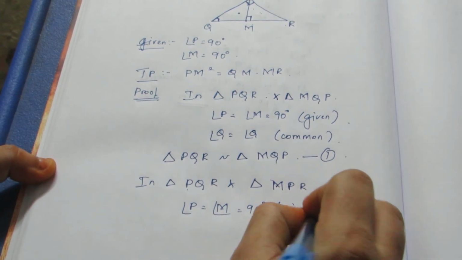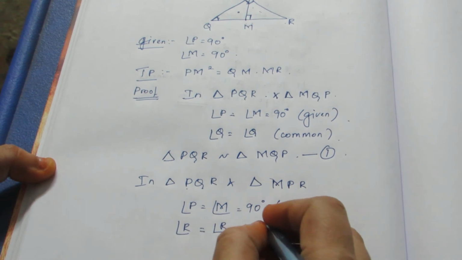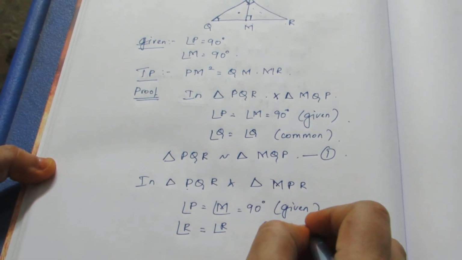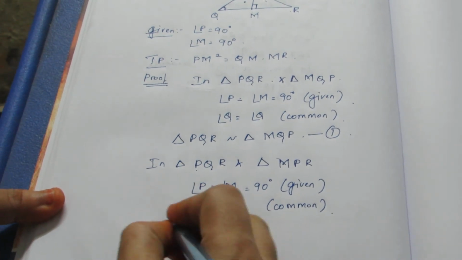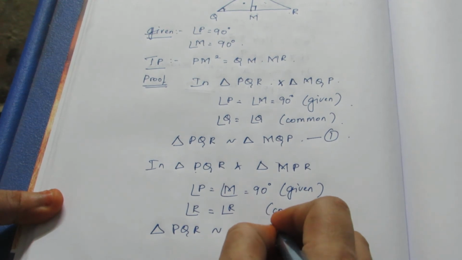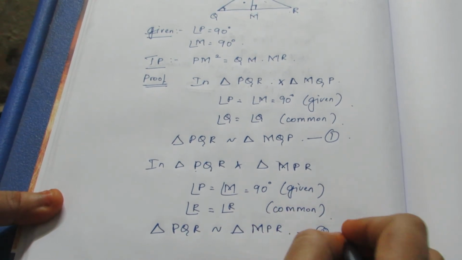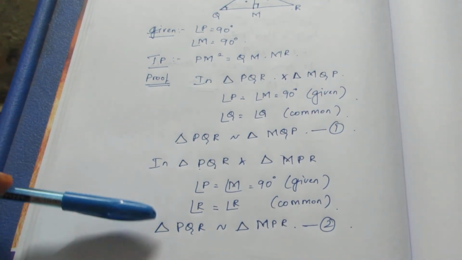As I said before, it is given. Same way here angle R is equal to angle R, common. Now from this we can say that two triangles are similar. Triangle PQR is similar to triangle MPR. This is 2.